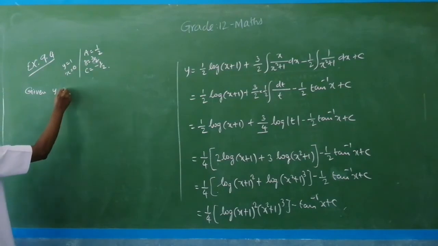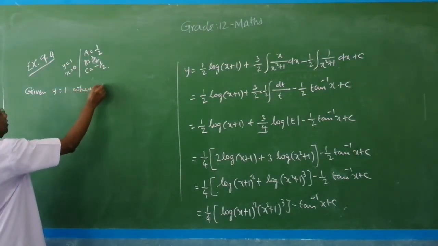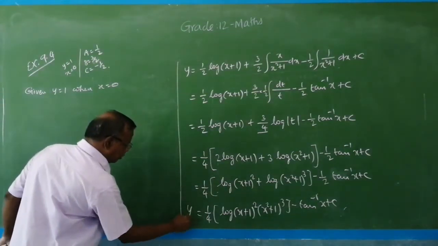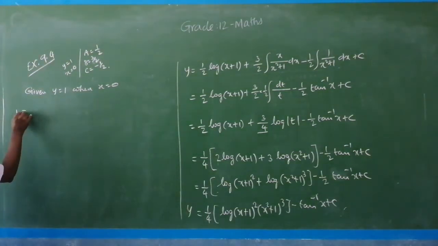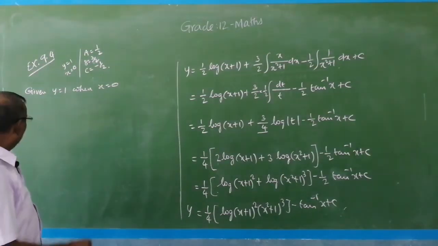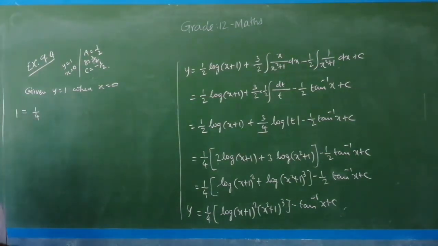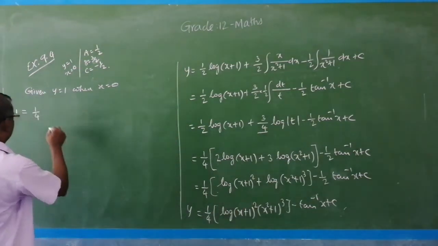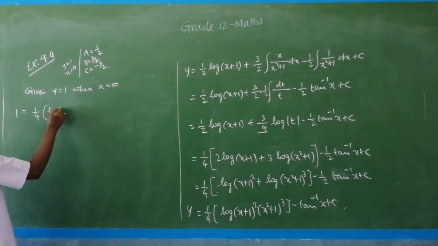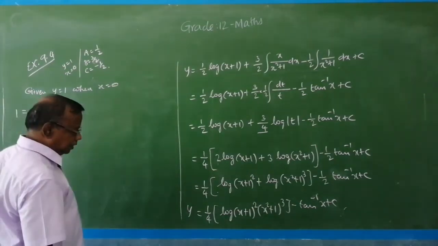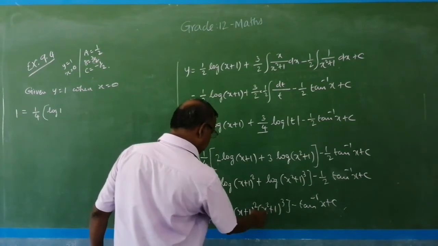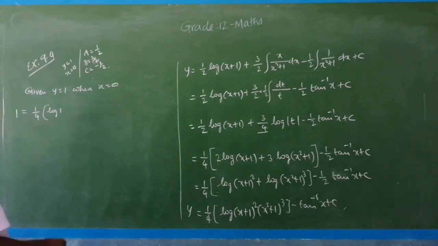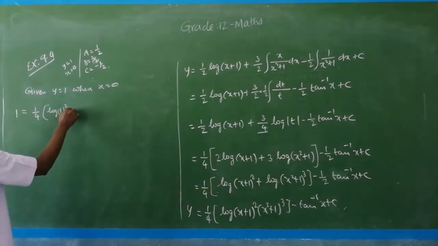Given y equal to 1 when x equal to 0. So, the LHS is y equal to 1. So, 1 equal to 1 by 4 into, here x equal to 0 means log 1 the whole square, that is log 1 into, again x equal to 0 means again into 1 square and 1 cube, log 1 square into log 1 cube.